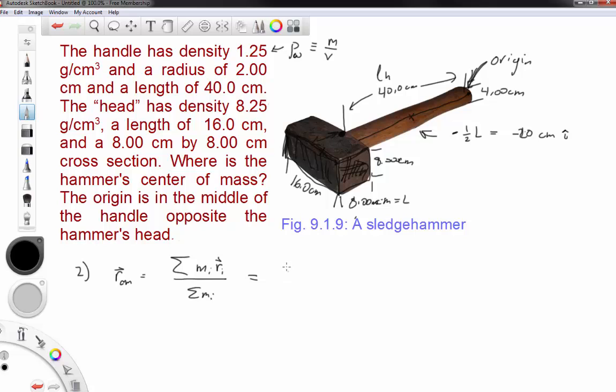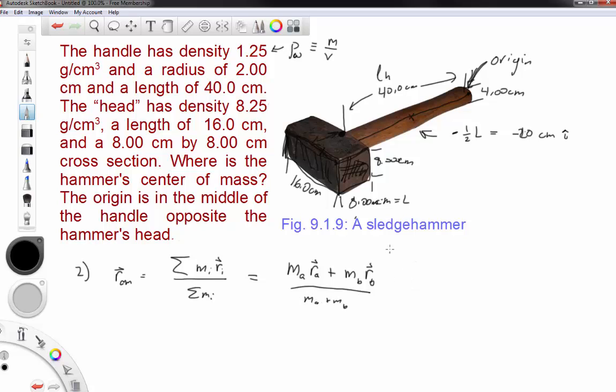So what that's going to look like is basically mass of the handle, which I'm going to call mass A, times position of the handle center of mass, plus mass of the head, which I'm going to call mass B, times r for B, the position of that center of mass, divided by mass A plus mass B.